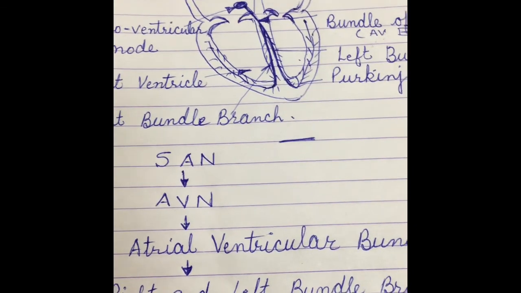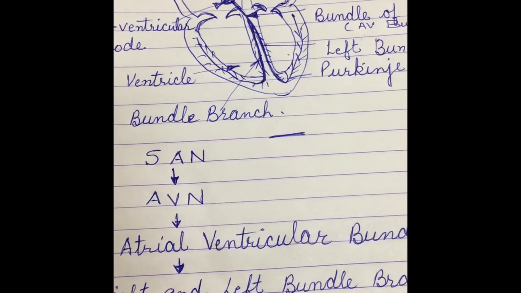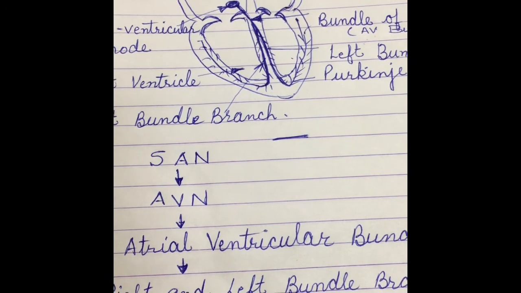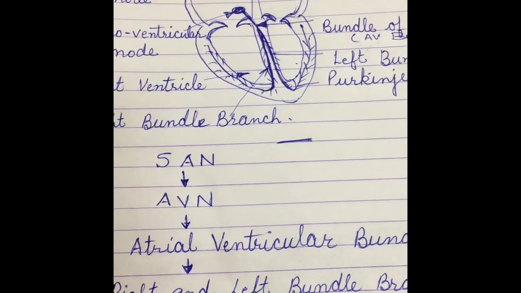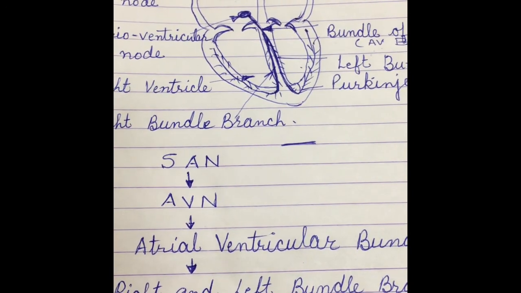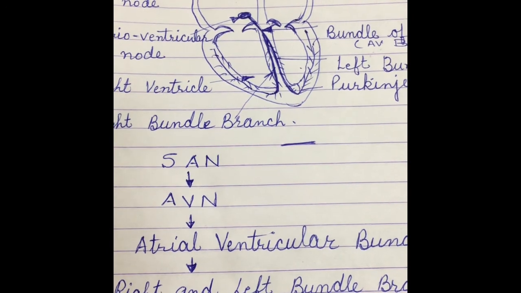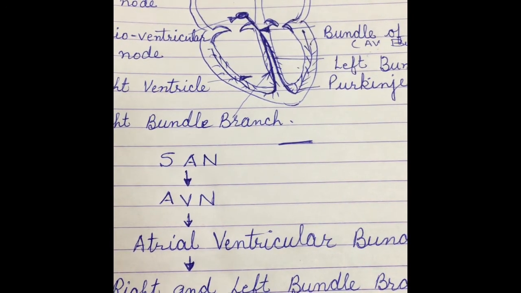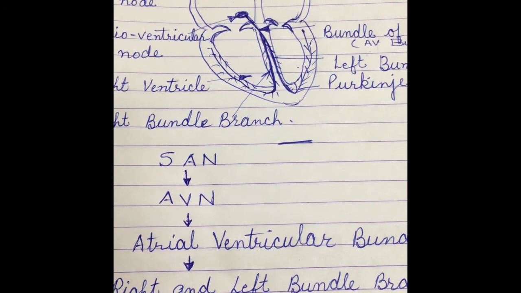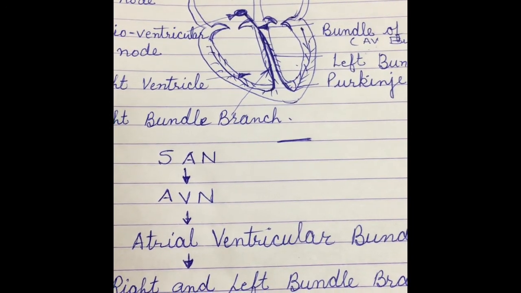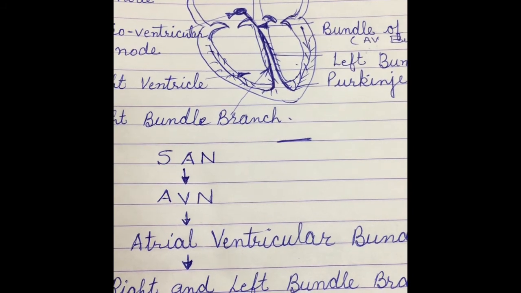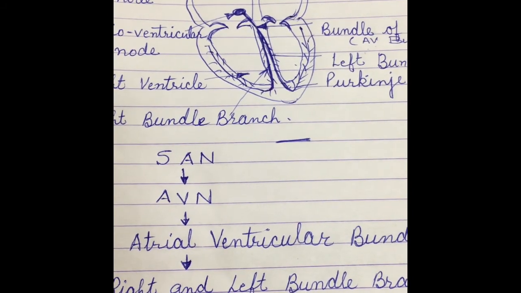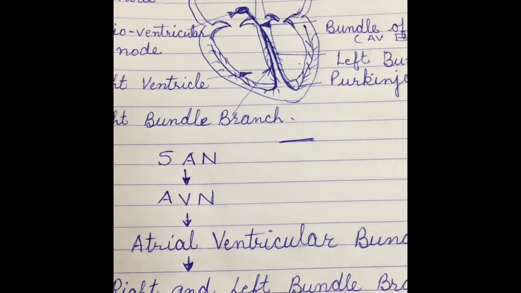Now, from your book, a patch of this tissue is present in the right upper corner of the right atrium, called the sinoatrial node. Another mass of this tissue is seen in the lower left corner of the right atrium, close to the atrioventricular septum, called the atrioventricular node, AVN.